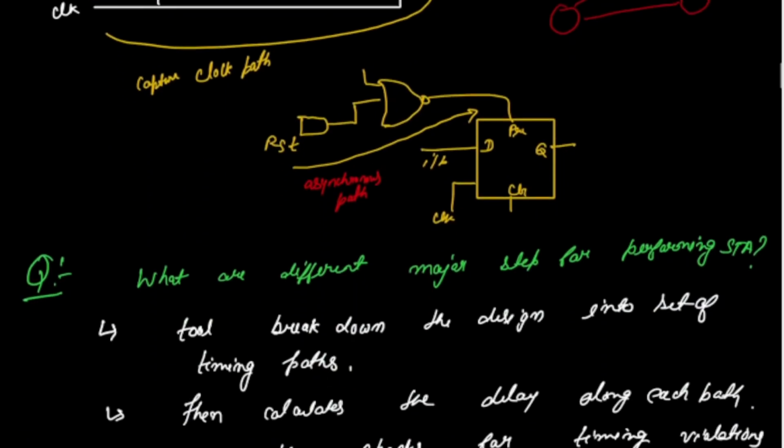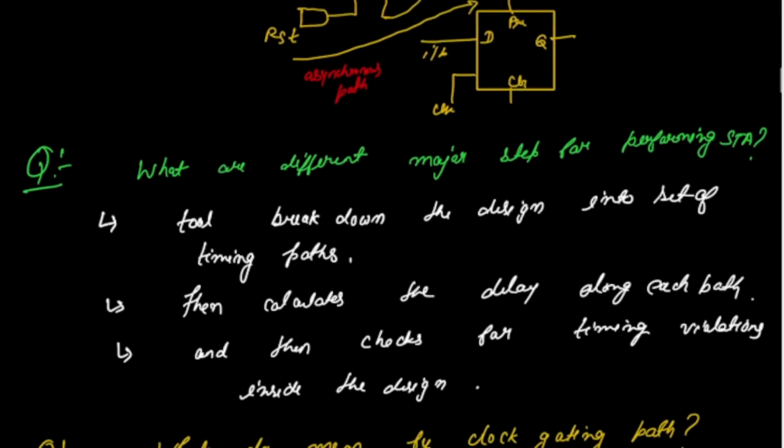The next question is, what are the different major steps for performing STA? How will the tool calculate the delay, or how will the tool decide? How will the tool perform the STA? The tool breaks down the whole design into sets of timing paths, the timing paths covered above.